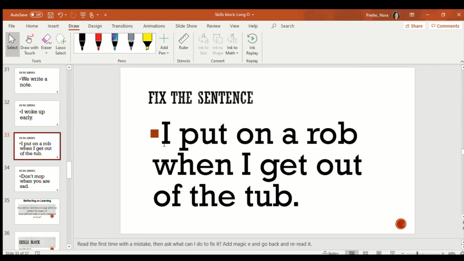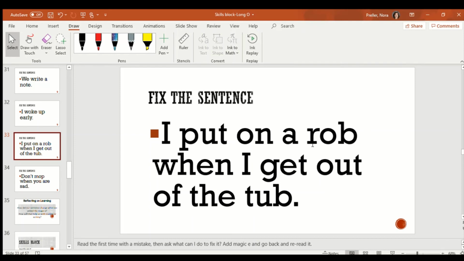Okay, here's a long sentence, so pay attention. I put on a rob when I get out of the tub. Do you put on a robe when you get out of the tub? No, we put on a robe. So let's find robe. This word is supposed to say robe.